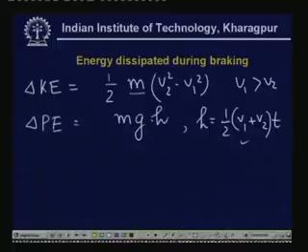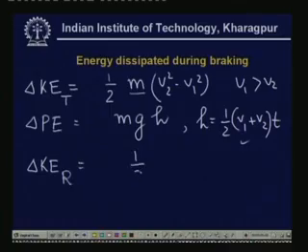So, if you consider the change in kinetic energy of those rotating members, then we can designate this to be KET, that is the translating component, and KER, the change in kinetic energy of the rotating component. This will be equal to half I. Now, there may be various such components.